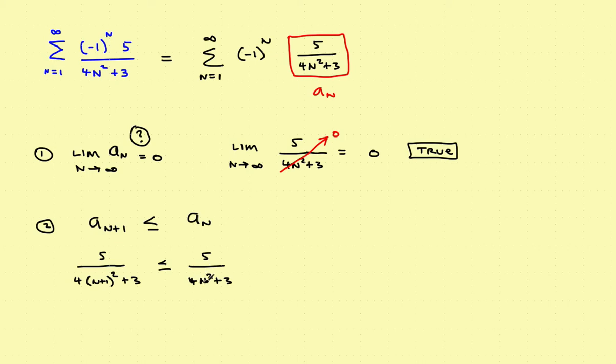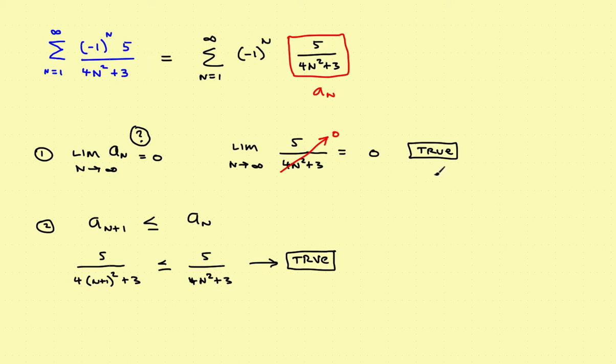If this has got n squared, and this has got an n plus 1 squared, then this denominator is always going to be bigger than this denominator. Therefore, the whole fraction is going to be smaller, and this will wind up being true. This fraction is smaller than this fraction because the denominator is bigger. So this is true. So in this case, this series passed the first condition, it passed the second condition.